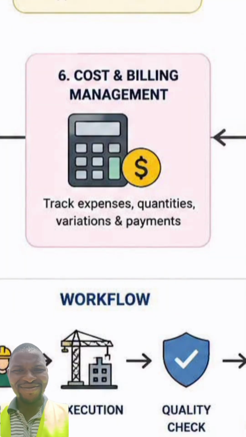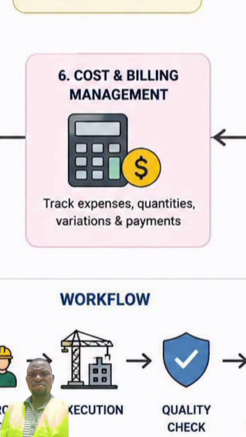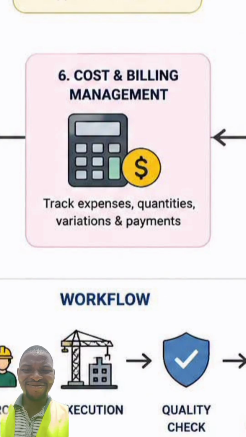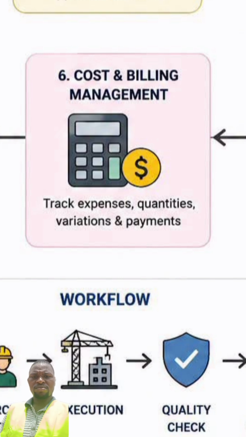Yeah, the next thing to look out for is cost and billing management. So you track your expenses. You don't just say that because you have a storekeeper on site, you're not going to track your expenses, right? So you track those materials that have gone out, and the materials that have come into the site.